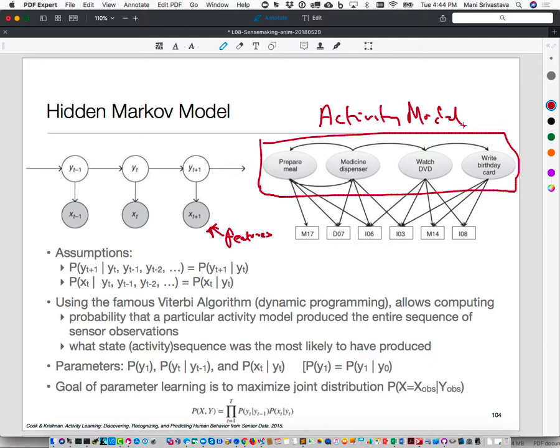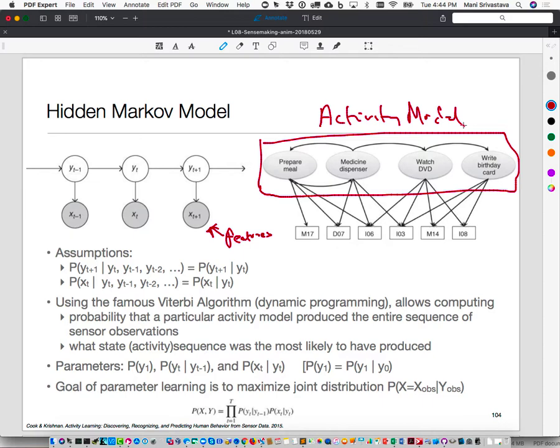And then while you are doing one of these activities, the sensors that may report events, the other arrows are indicating those. So this is saying that if I am in prepare meal, then M17, D07, and I06 are the ones which can report events. The others are not, possibly because inertial 03 and inertial 08 may belong to other members of the family who don't cook, and motion sensor 14 may be in an area which is away from the kitchen, for example.